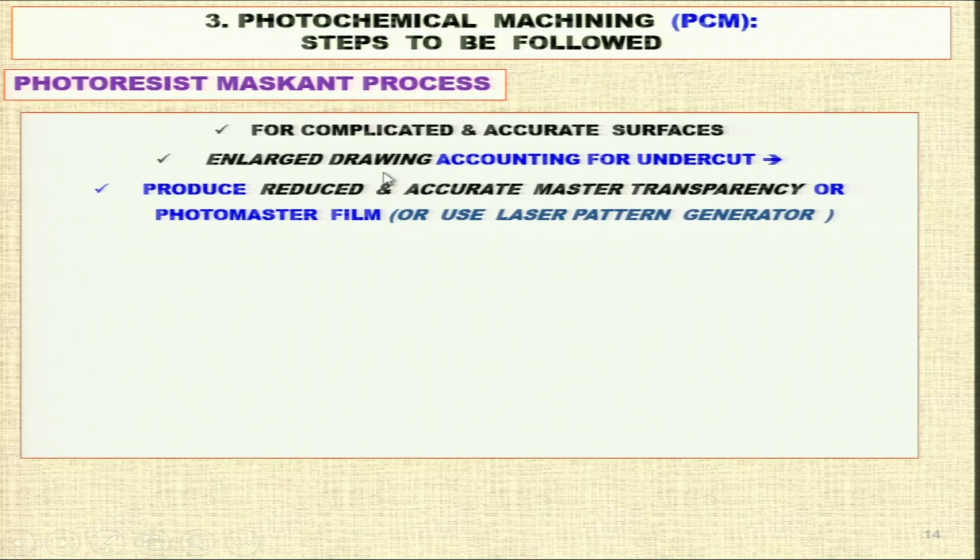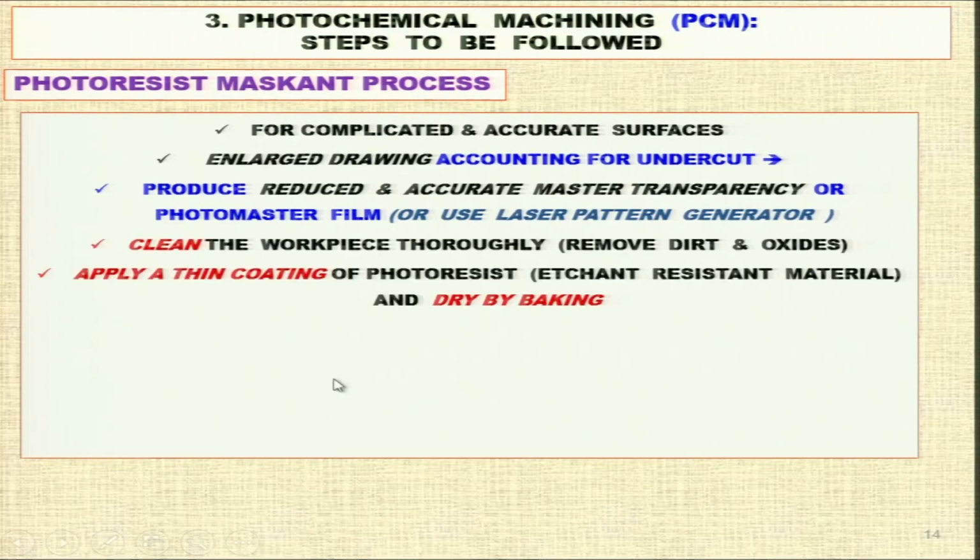So you have to account for it at the design stage. So you prepare the enlarged drawing of this, then produce a reduced and accurate master transparency or photo master film, that is also known as photo master film. So first you enlarge it, then reduce it, or use a laser pattern generator.